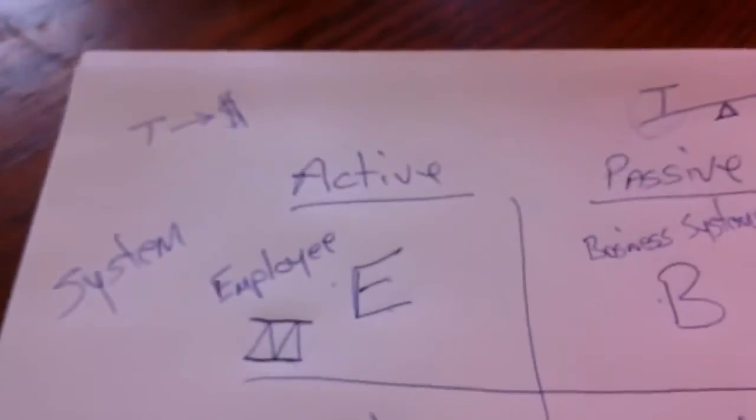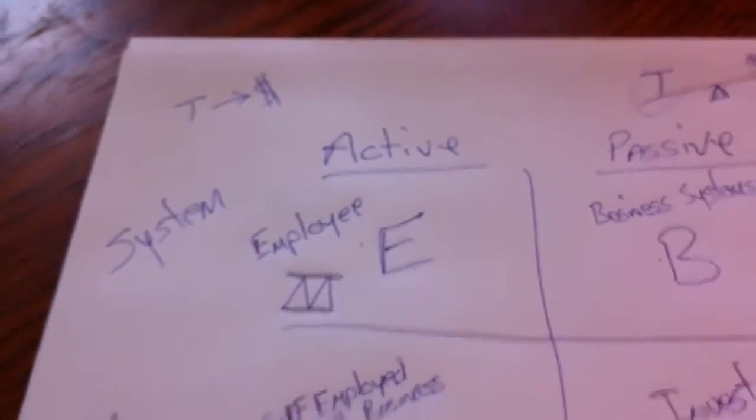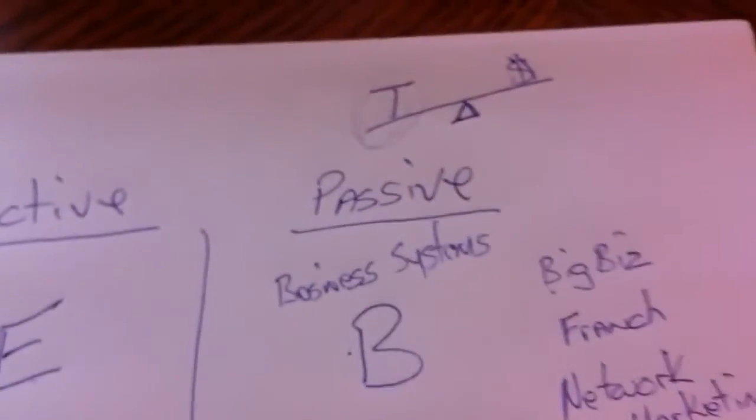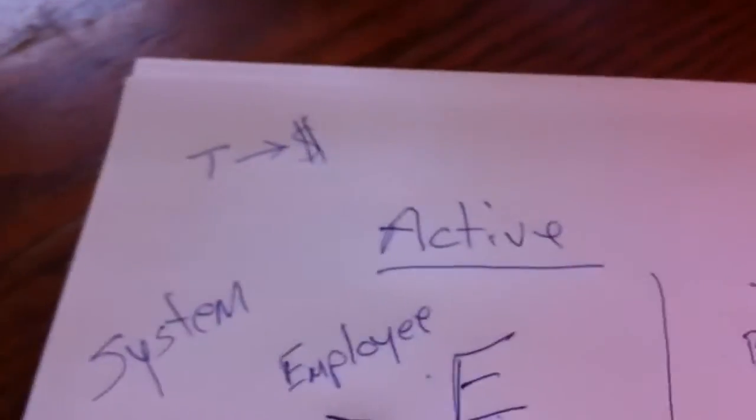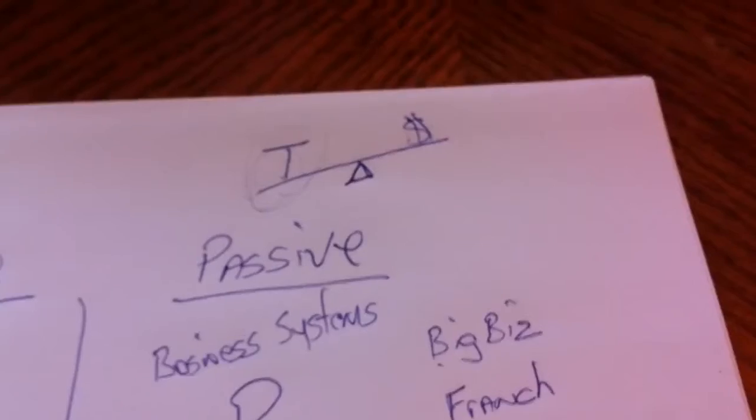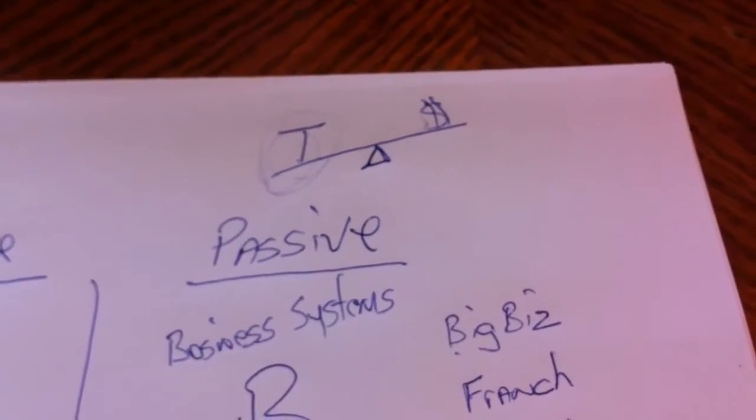So here's the cash flow quadrants. You got the E quadrant up here. You got the S quadrant. They're both active income. Over here you have the B quadrant and the I quadrant, and they're both passive income. Active income trades time for money, whereas passive income leverages time for money.